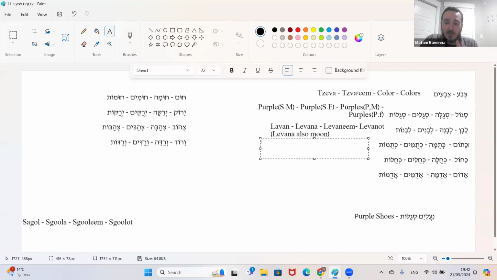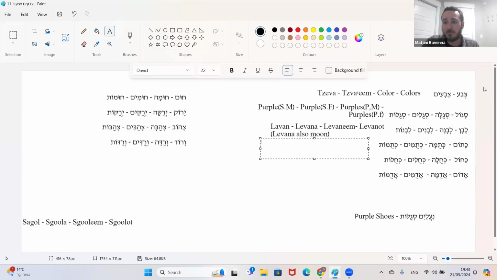The first one, moving my cursor around it. We have chaf with the emphasis inside, so the dot, making it sound like a k. We have the kamatz underneath it, making that k sound like ka. Taf with nothing underneath it, followed by vav with the dot above, making it a to, so ka, to.